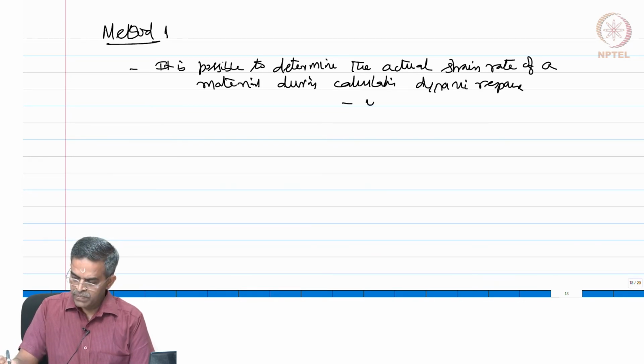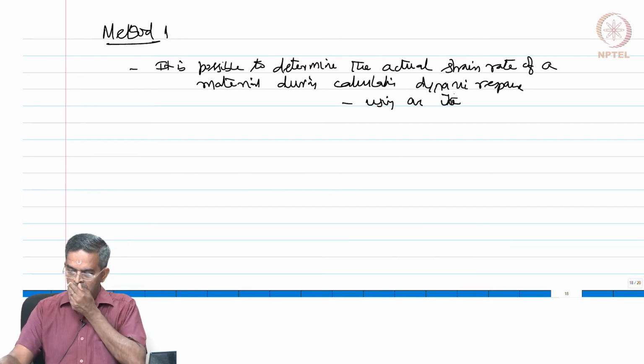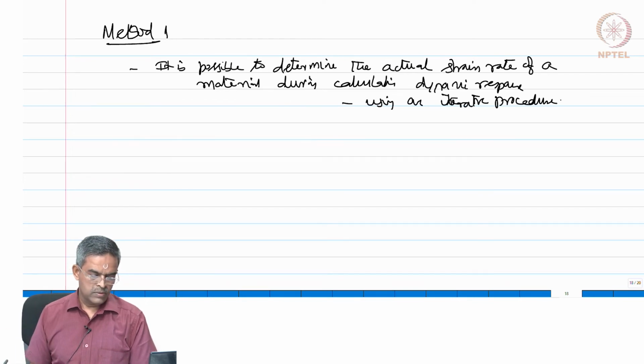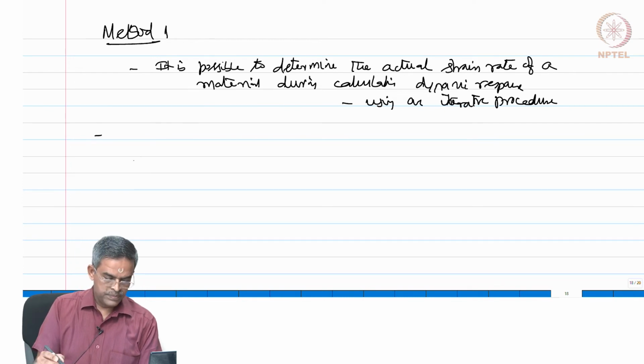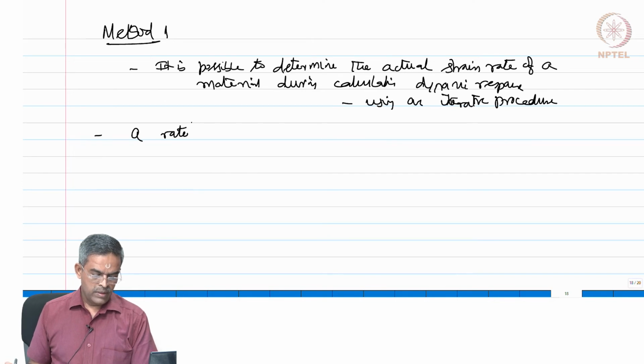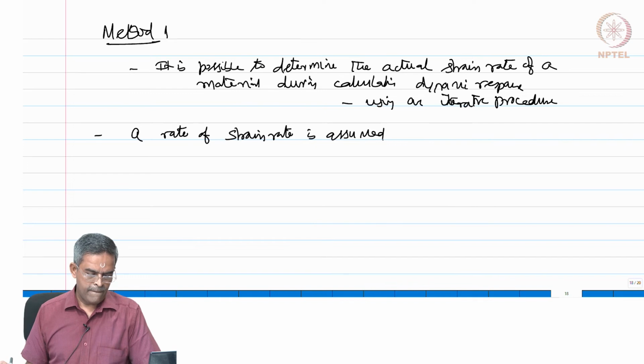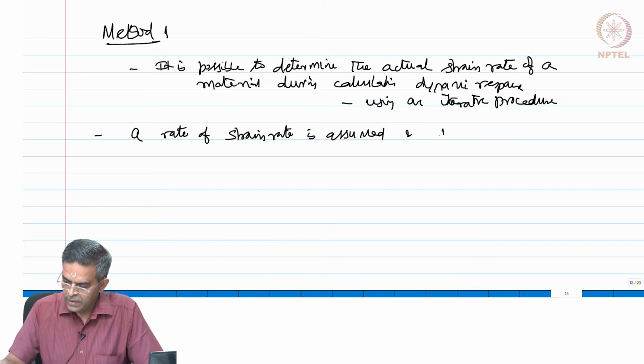This can be done using an iterative procedure. What do we do this is, a rate of strain, a strain rate is assumed and an appropriate DIF is selected.